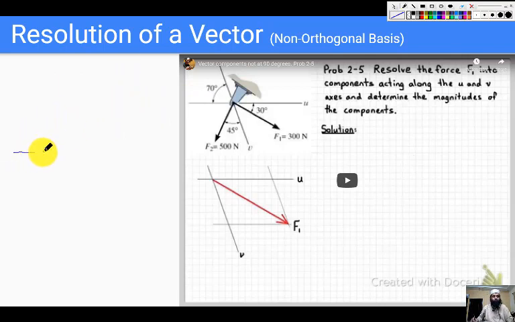So we have the u vector pointing in this direction and then the v vector pointing in this direction, and now the angle between the two is 70 degrees, as it is mentioned here. Okay, so now when I want to resolve this vector into its components, the first vector is going to be like this and the second one is going to be like this, and this angle is 70 degrees.